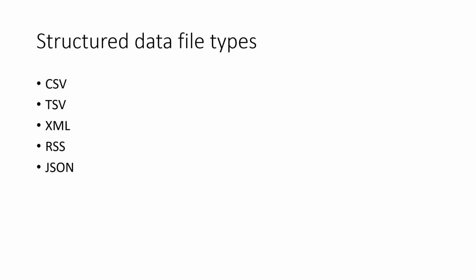Okay. So now let's move to the JSON format, which is JavaScript Object Notation. JSON is a very popular file format, or you can say file type. It is a very efficient way to represent your data.